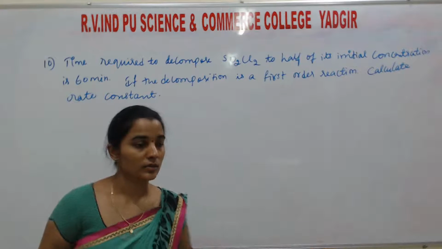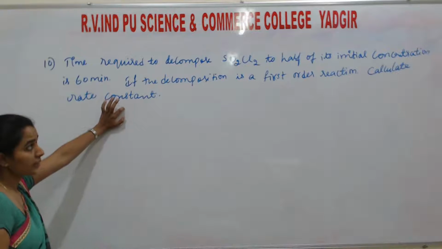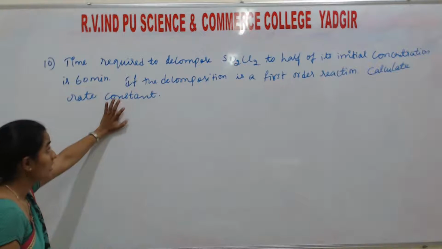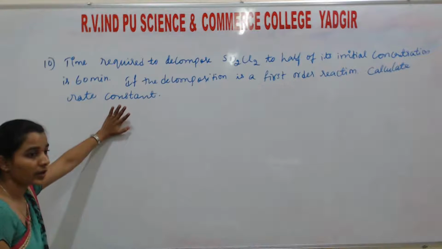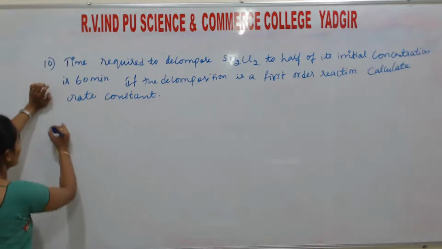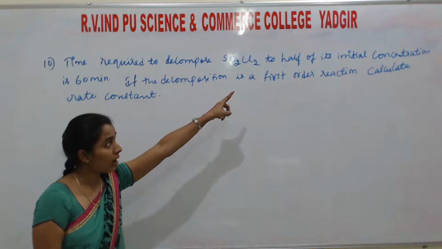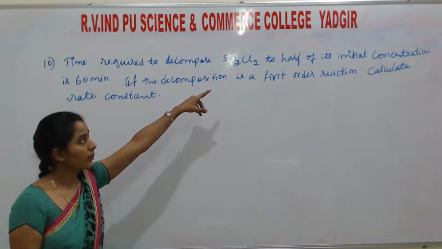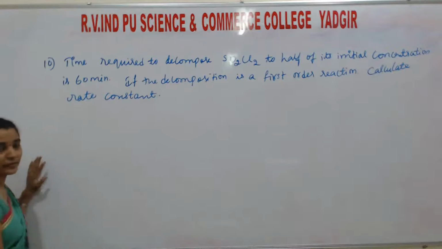Okay, so listen. Time required to decompose SO2Cl2 to half of its initial concentration is 60 minutes. If the decomposition is a first order reaction, calculate rate constant. Here in the question they have given the initial value becomes half of its initial. The final value decomposes to half, which means it is exactly a half-life period.